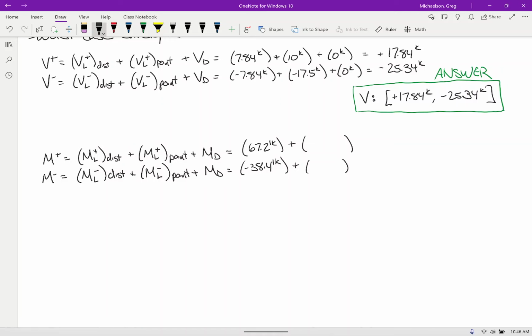For the point loads, 105 and minus 60, was that right? But again, we can't ignore the dead load. Okay, so I might need your help on this. So what do we get for M positive and M negative?